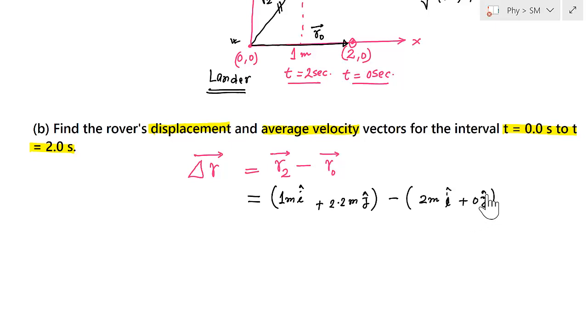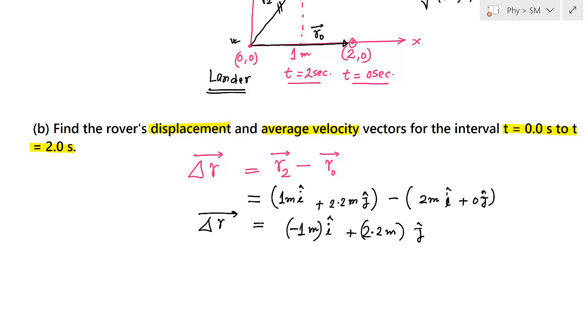If you calculate this, this will come to minus 1 meter i cap plus 2.2 meter j cap. So this is the change in the position vector that will give you the displacement of the rover. So this is the displacement of the rover.